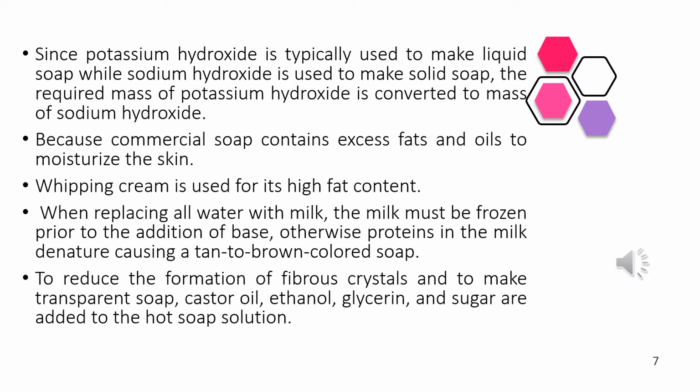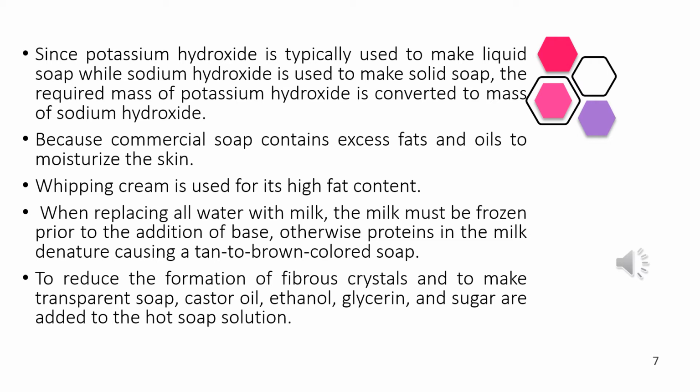For making liquid soap, mostly we use potassium hydroxide, because potassium hydroxide produces a soft soap. So for making liquid soap, we prefer potassium hydroxide. For making hard or solid soap, we prefer sodium hydroxide.